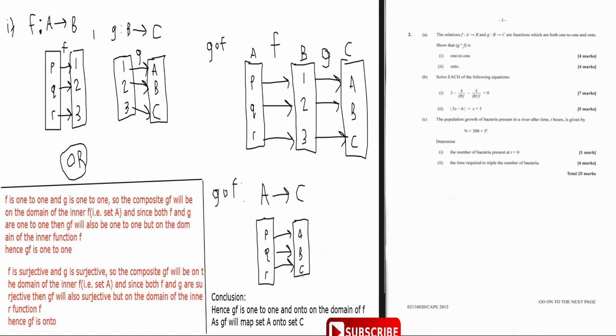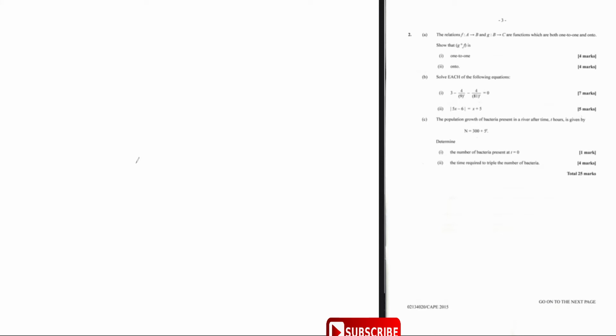Part 2 says solve the following equation. So we have some equations to go ahead and solve. So part A, we're solving 3 minus 4 over 9 to the x minus 4 over 81 to the x, and we're solving this equal to 0.